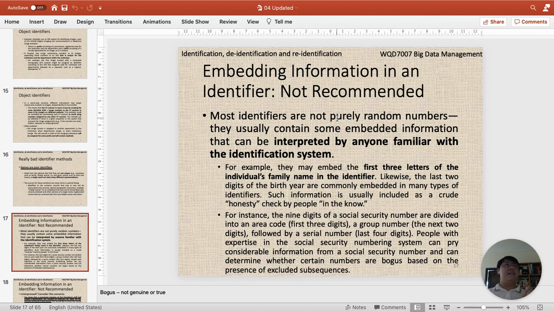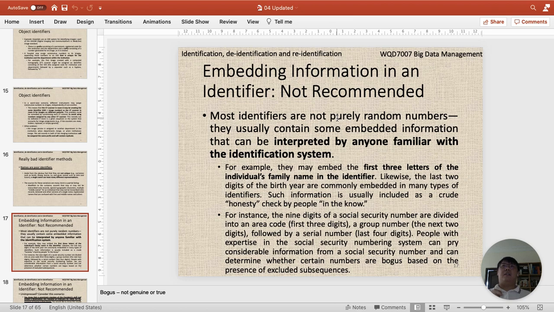But if it's really an identification card, this embedded information can sometimes give you unnecessary data leakage.